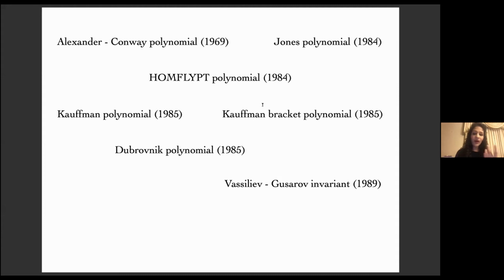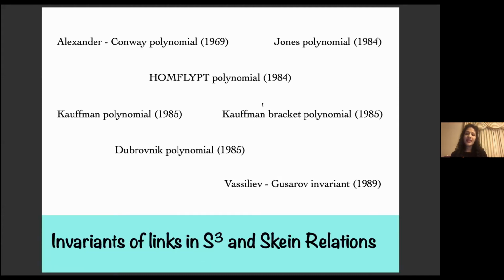So what all of these have in common is that they're invariants of links in S3, and they have a defining Skein relation. So if you want to develop invariants of links in any arbitrary 3 manifold other than S3 built on these Skein relations, then that is where Skein modules come into play.